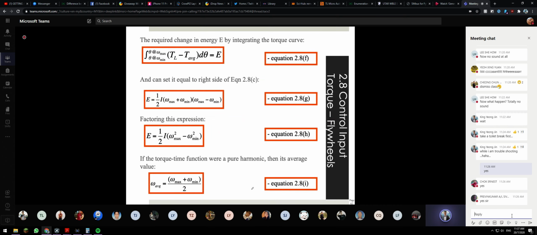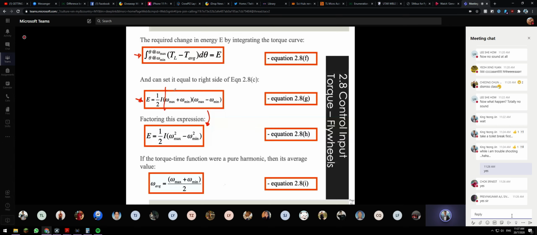So the required change in the energy is obtained by integrating the torque curve. These formulas we have already seen before, and also the right side we have seen before. So what we do is factor this equation, so it becomes omega max squared minus omega min squared, because of these two.